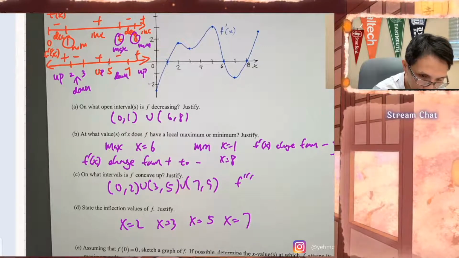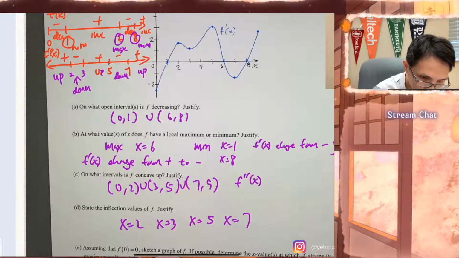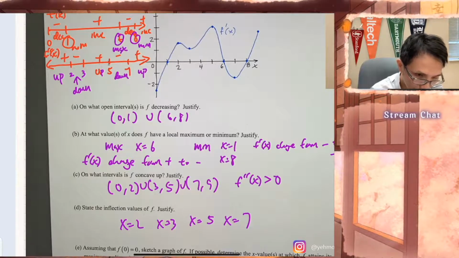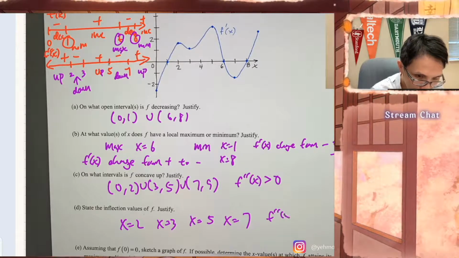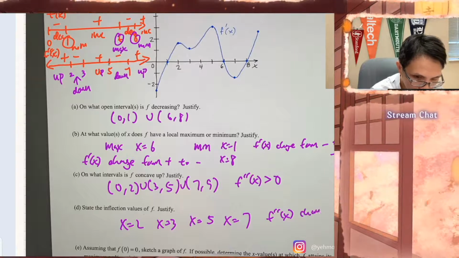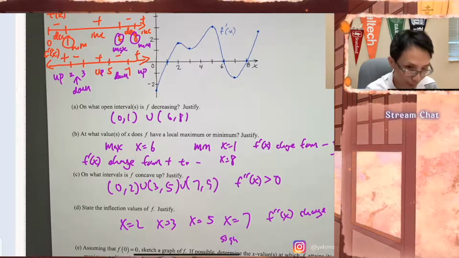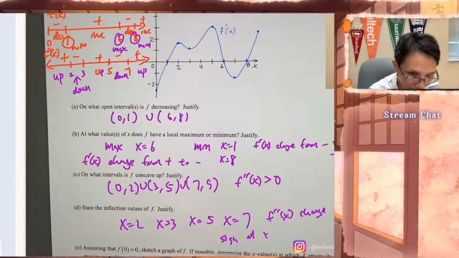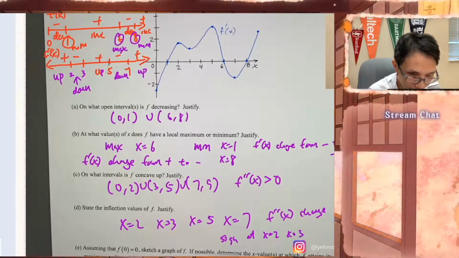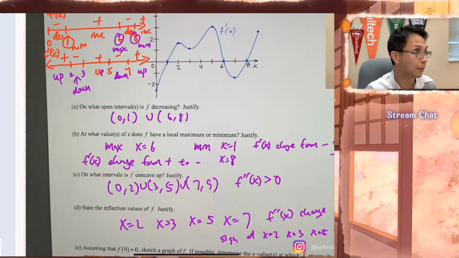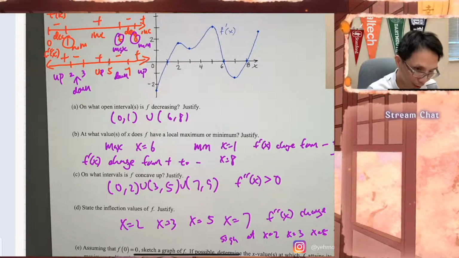This is going to be f double prime of x greater than 0. This one is f double prime of x changing sign. You have to have a sign change in order to have inflection points at x equal to 2, x equal to 3, x equal to 5, and x equal to 7. So you have to change in sign from negative to positive. You have to have a sign change.